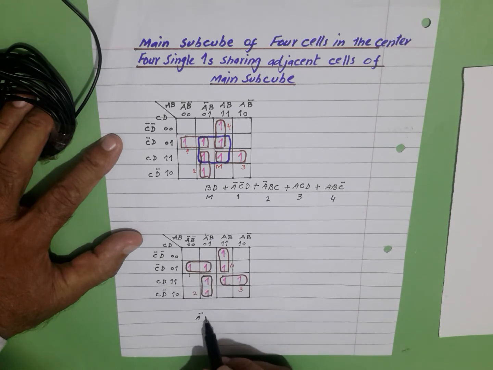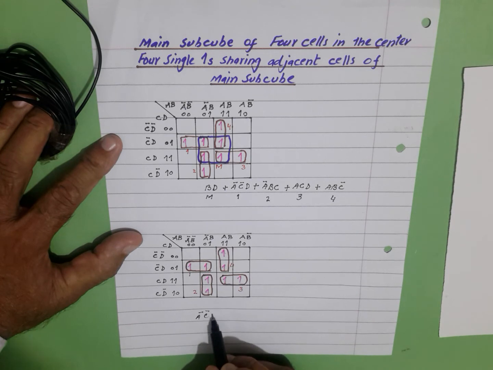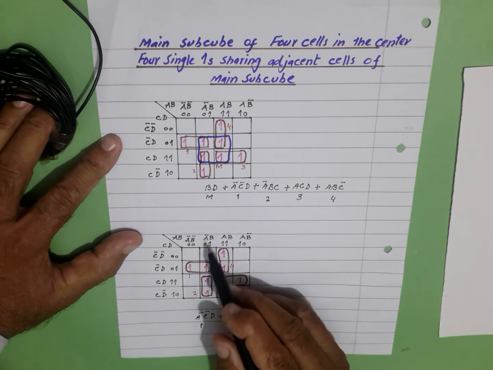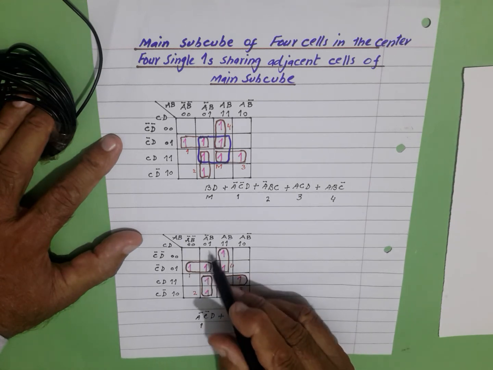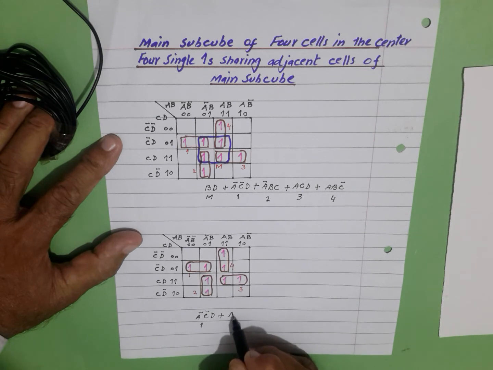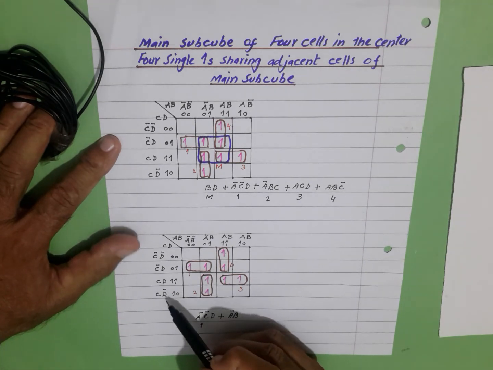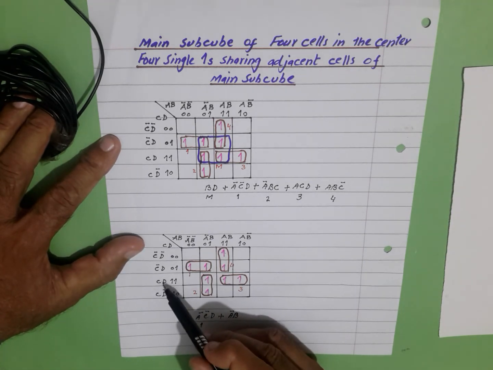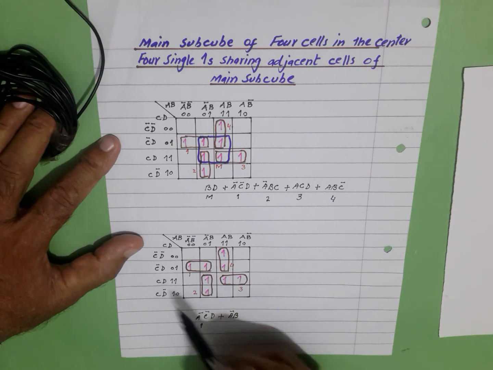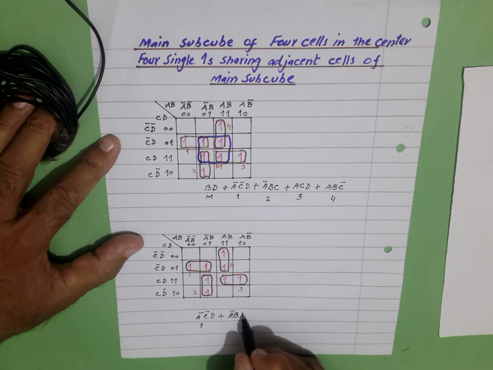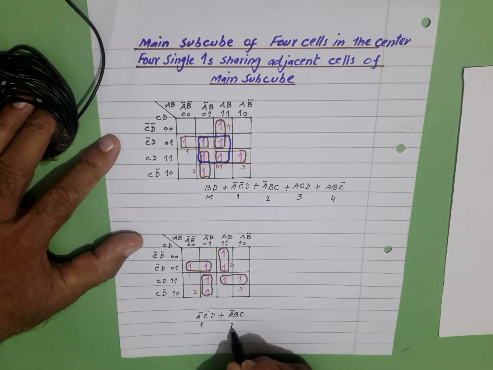Horizontally it is C bar D. It is loop 1. For loop 2, vertically it is A bar B. Horizontal row D is changing, but from this row to this row C is not changing, therefore we can write C.